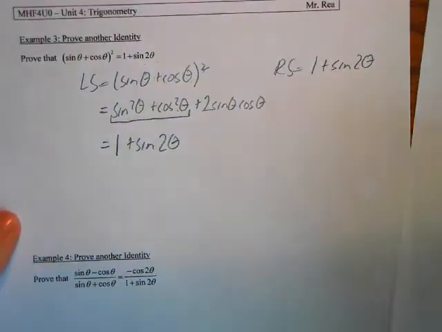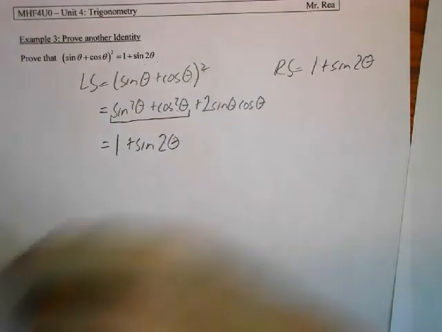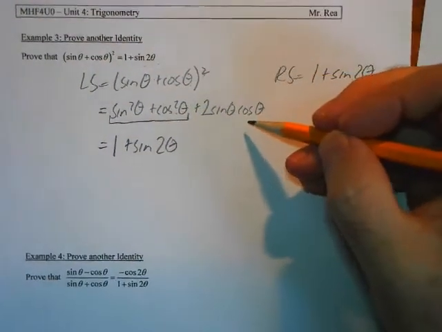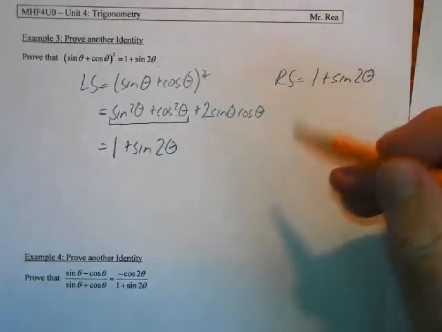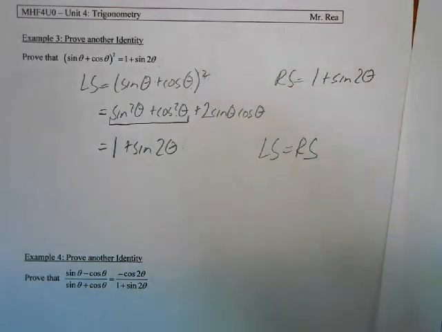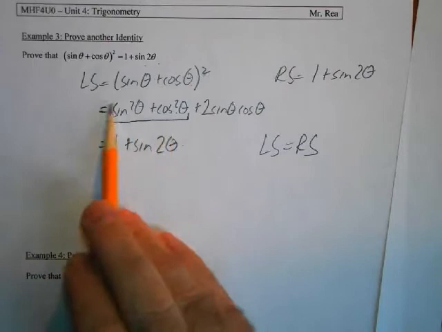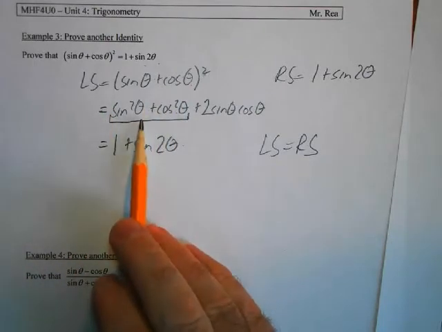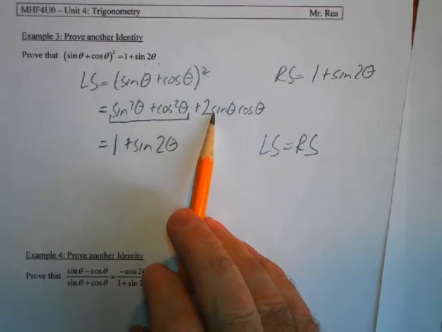And again, it just fell into place just by expanding and carrying out the algebra. We were able to get, it only took 2 steps to get the left side being equal to the right side. Obviously, there's a bit of knowledge that has to be applied, and that's recognizing the Pythagorean identity and the sine double angle identity.